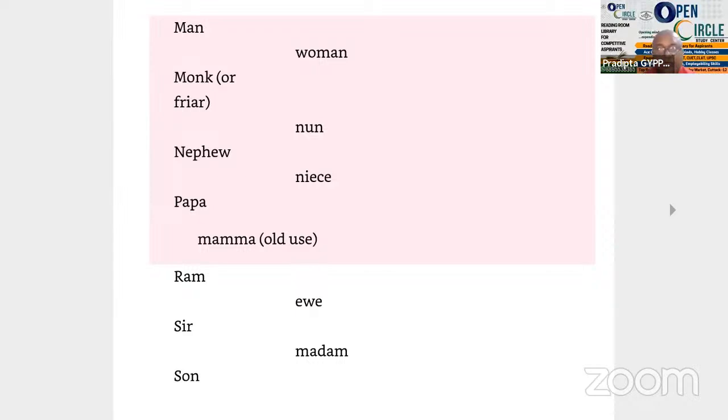Very good answer. Monastery is actually an education place where religion is taught. So there could be a Buddhist monastery, right? There could be a Hindu monastery. The people who live there and study are called monks. So monk, nun. If it's a female monk, she is called a nun.